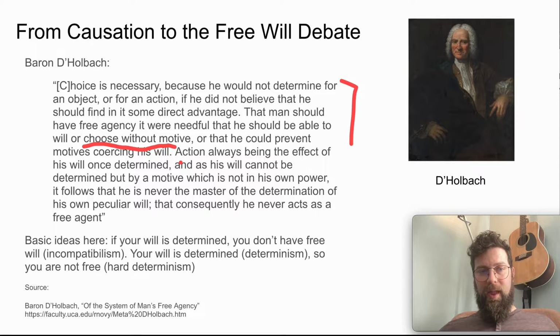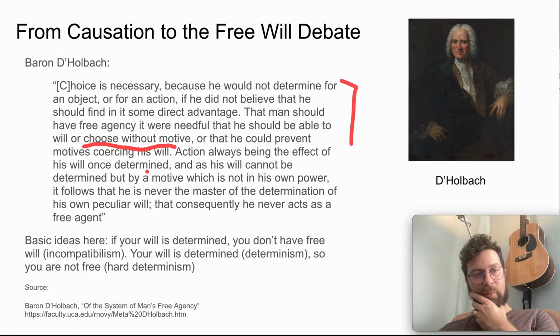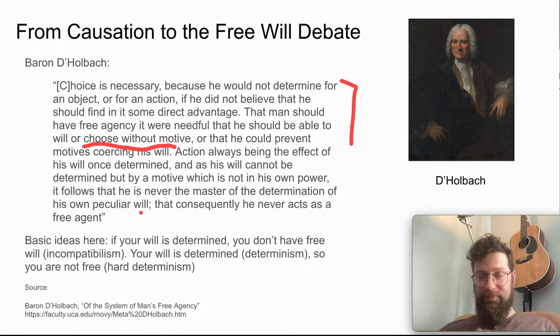But action always being the effect of your will once determined, you cannot but be determined by a motive which is not in your own power. It follows that this person is never the master of the determination of his own particular will, and that consequently he never acts as a free agent.